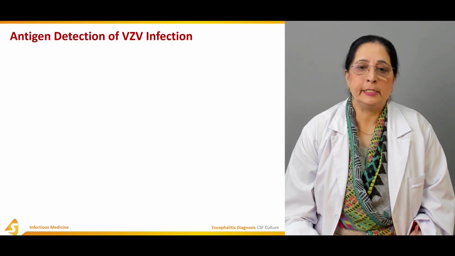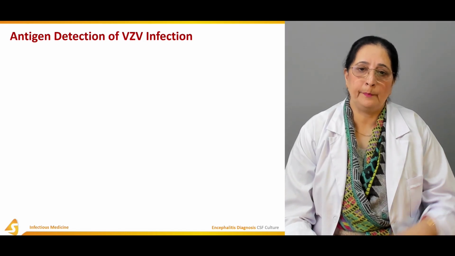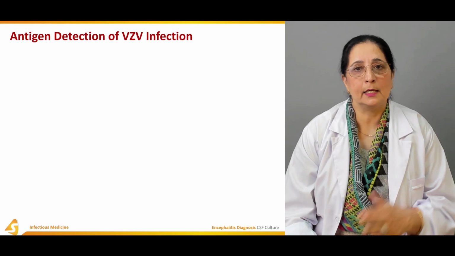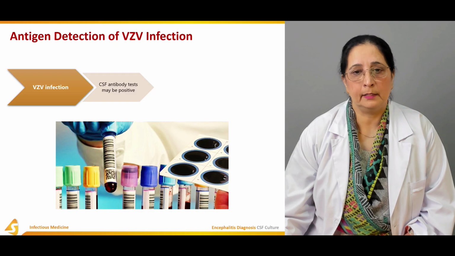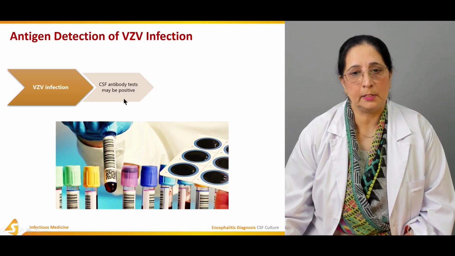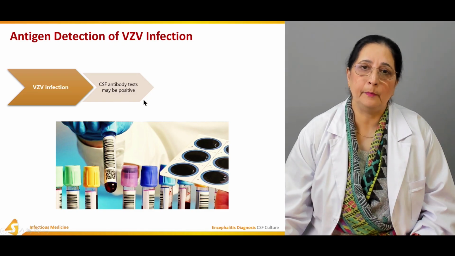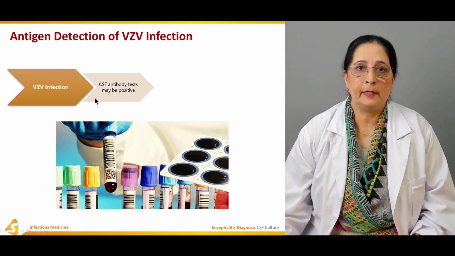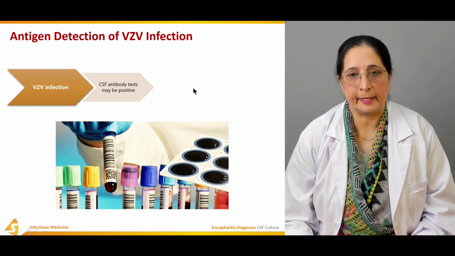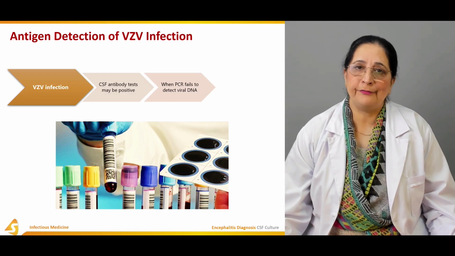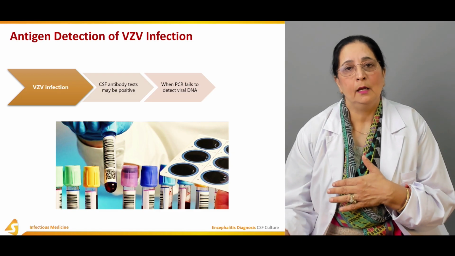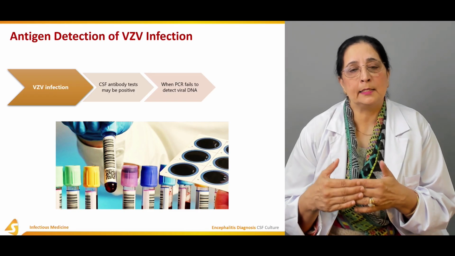Next, antigen detection after herpes simplex virus: now, varicella-zoster virus. Again, antibody may be positive. We can detect the antibodies in varicella-zoster virus infection when polymerase chain reaction fails, same as with the herpes simplex virus infection.